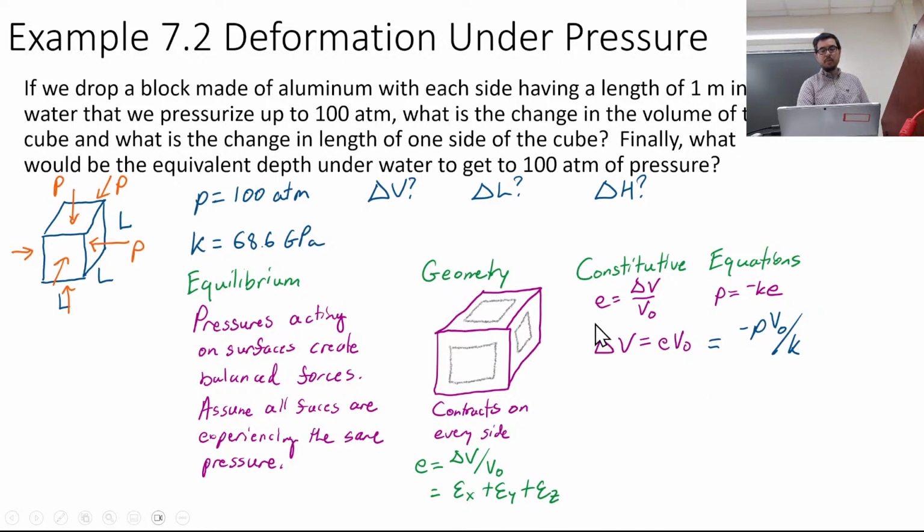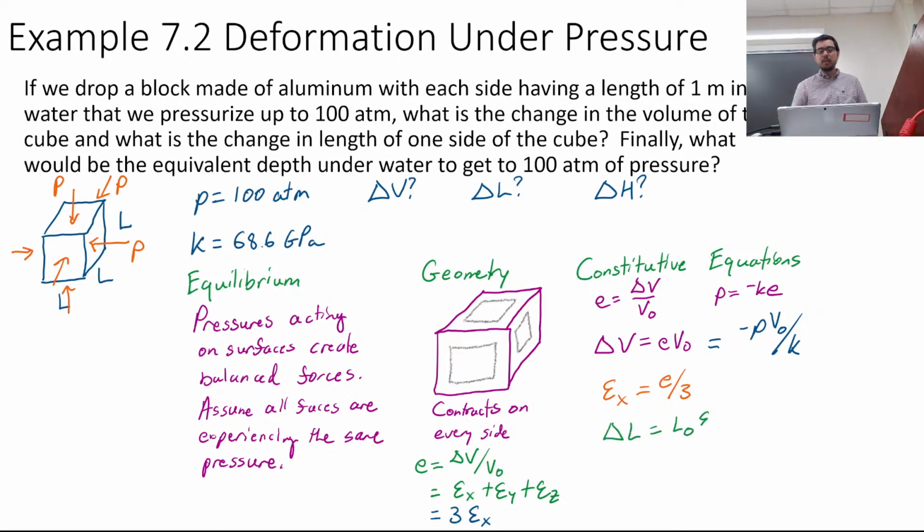So we've already solved for the delta V. If we want to look at these strains being the same, and that's a fair assumption because they are all related to sigma x, sigma y, sigma z being P, we can say that epsilon x is equal to E over 3.